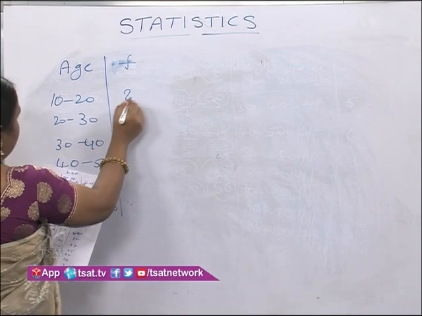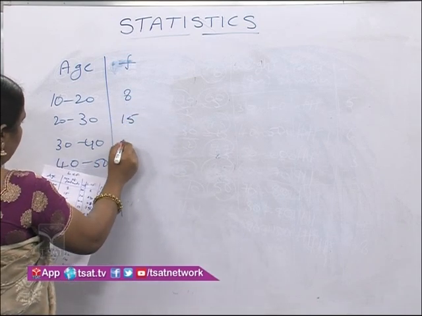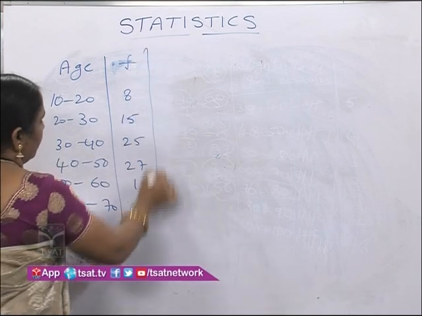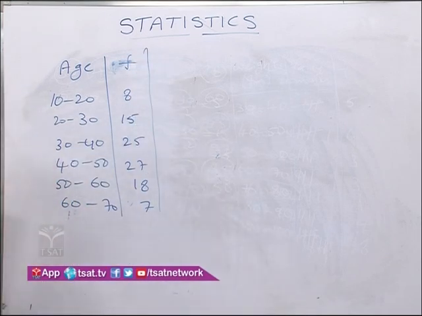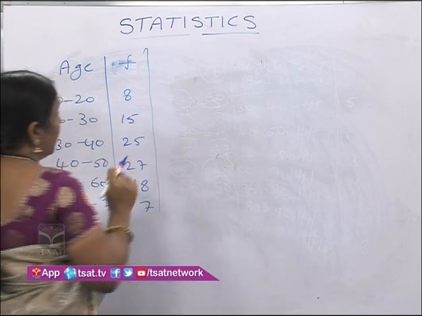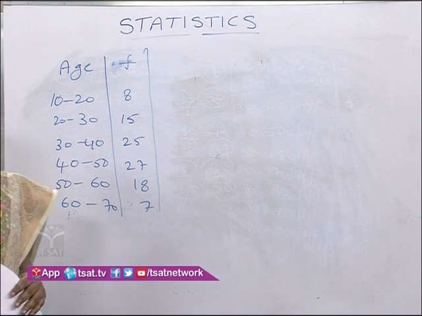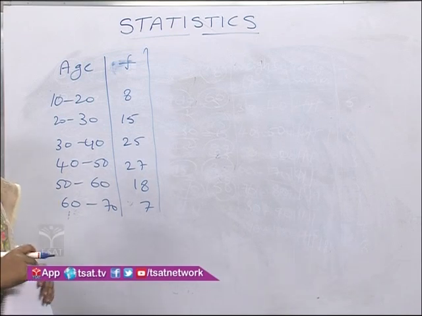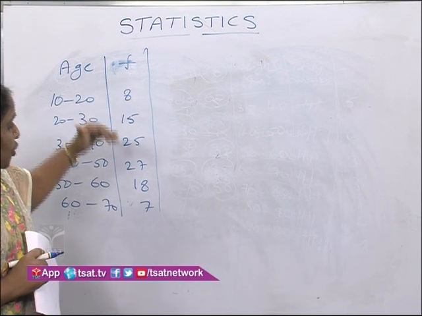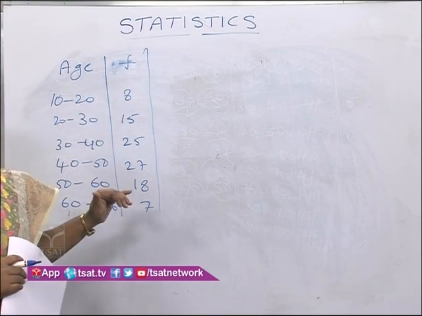And the frequencies are 8, 15, 25, 27, 18, 7, right? To find the less than cumulative frequency distribution, prepare the LCF table. Here we consider upper boundaries of the class. LCF is the progressive sum of the classes from the beginning to a particular class of upper boundary, right?